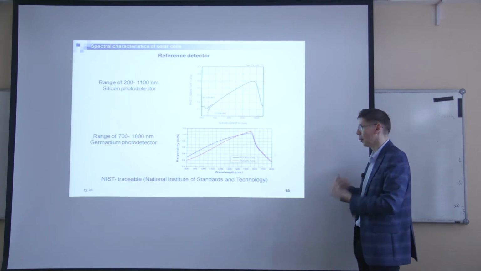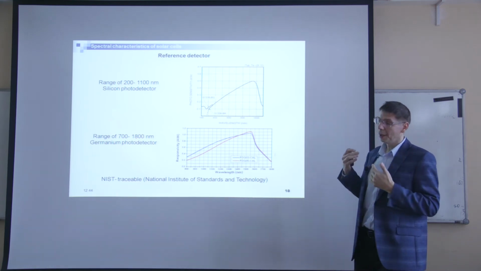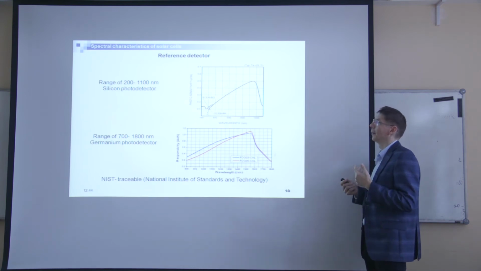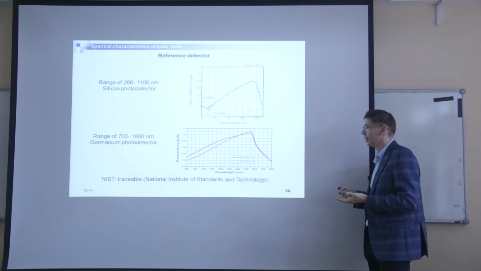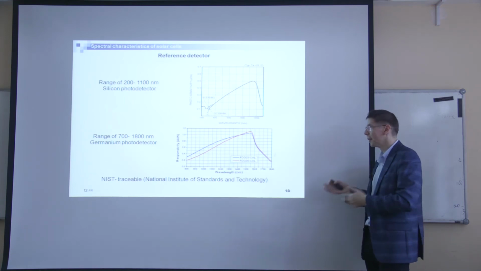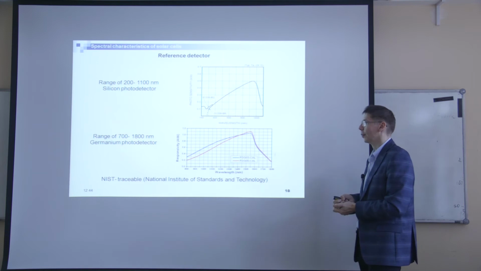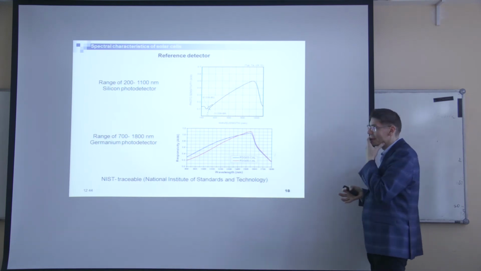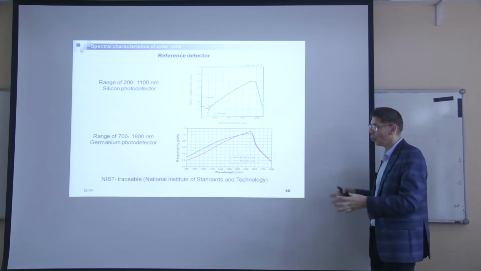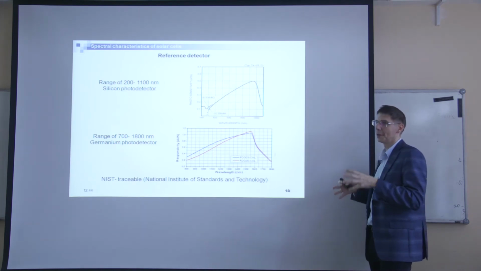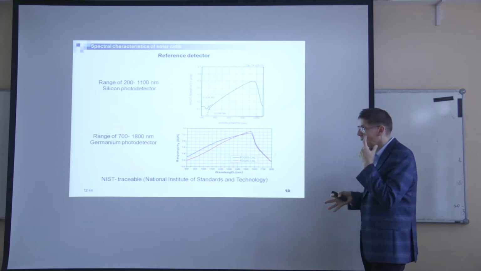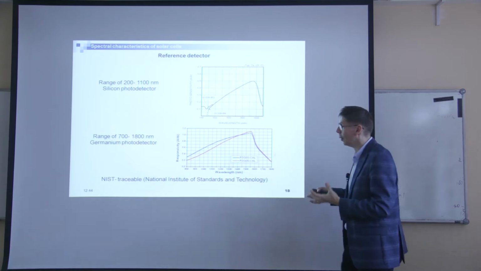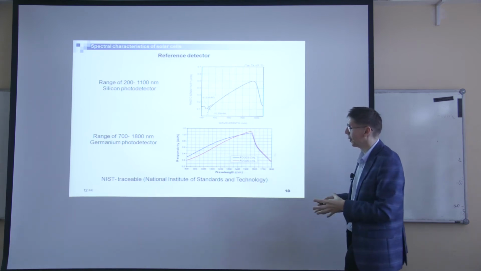Then you can calculate the number of photons, because the main problem of quantum efficiency measurement is that it's absolute measurement, not some relative measurement. You really have to perform absolute measurement, and it means that you have to know exactly the number of photons of the incident light. And to calculate the number of photons of the incident light, you have to know the spectral response of your photodetector.